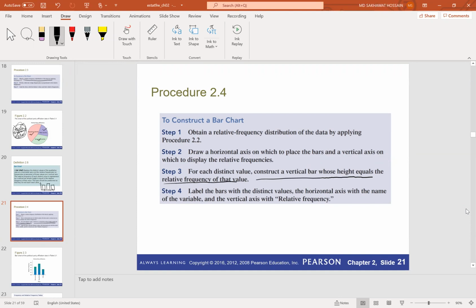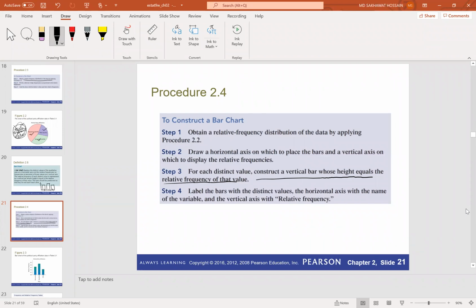Step 4, label the bars with the distinct values, and label the horizontal axis with the name of the variable.